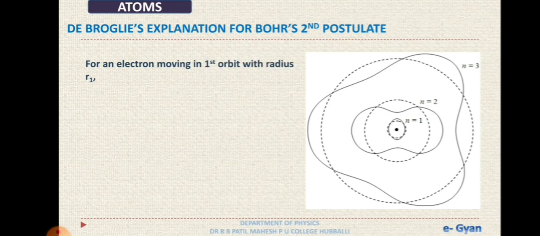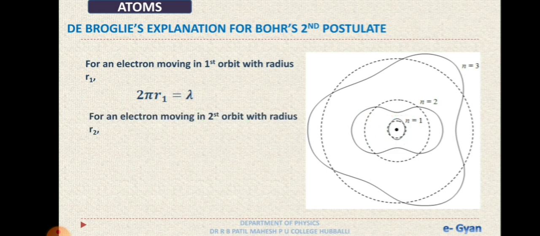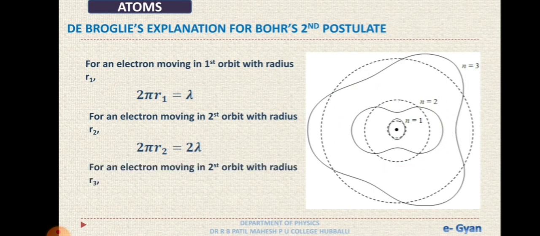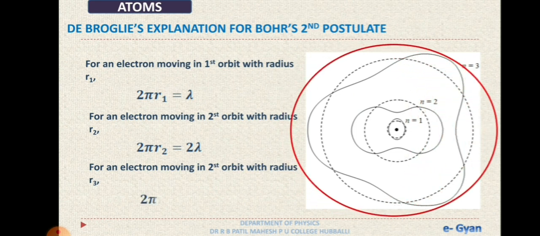So for an electron moving in the first orbit with radius r1, 2 pi r1 is equal to lambda. Similarly, for an electron in the second orbit with radius r2, we can write 2 pi r2 is equal to 2 lambda. For an electron moving in the third orbit with radius r3, we have 2 pi r3 is equal to 3 lambda.